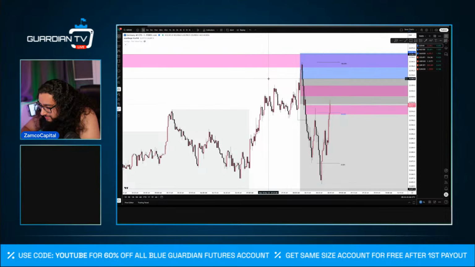If this hits break even, that will be annoying, because that would just mean that price is kind of just consolidating. How much did it go up by? 20K. Okay. Well, if it hits break even, then it hits break even.